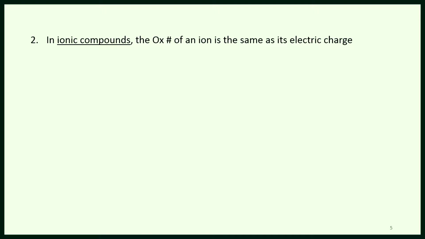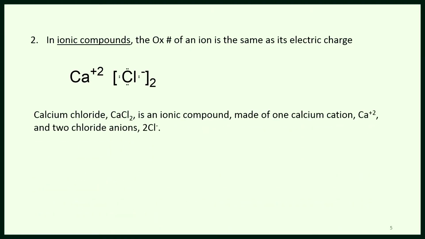Okay, how about ionic compounds? Very simple. The oxidation number of an ion is the same as its electric charge. So look at the Lewis structure of calcium chloride. Now, calcium chloride is an ionic compound. It's made of 1 calcium cation, Ca+2, and 2 chloride anions, Cl-.